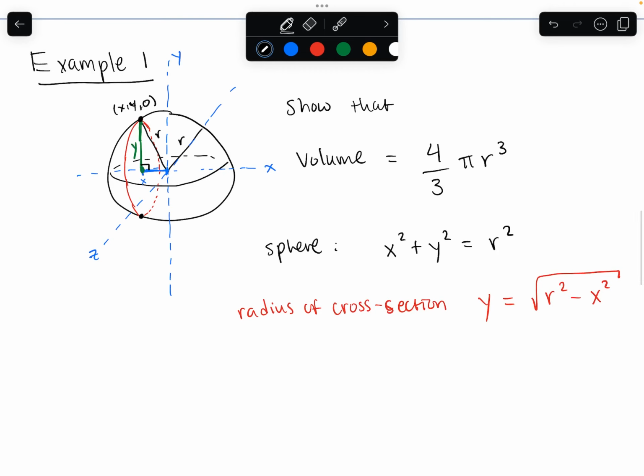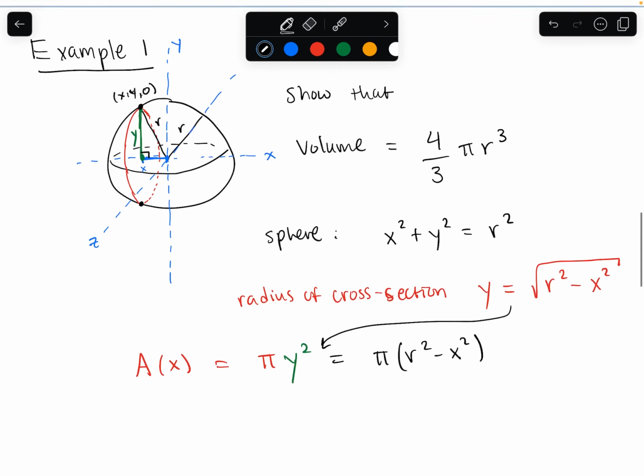And so the area of the cross-section at x is just pi times that radius squared. So that radius is y, but y is in terms of x, so it's just pi times r squared minus x squared. Okay, that just comes from here.